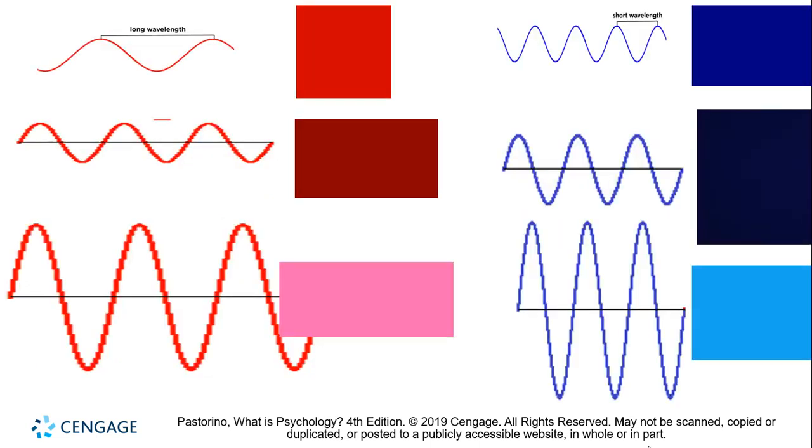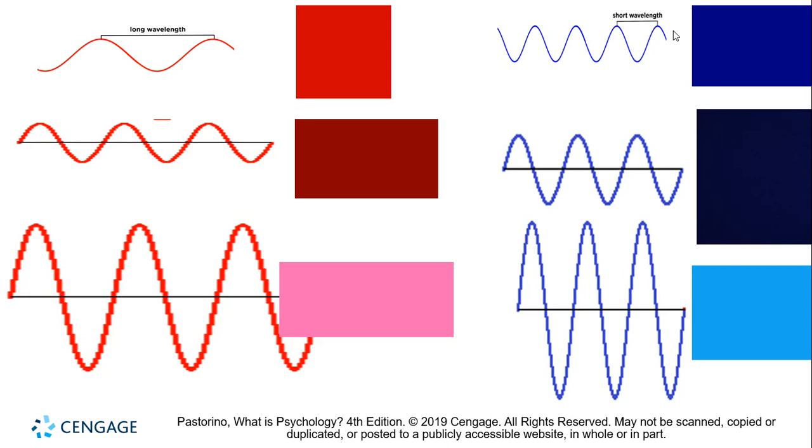Now, I told you that the wavelength determines the hue. A long wavelength, like the one over here, will create reds, whereas short wavelengths are going to be seen as blue. Now, the amplitude, that is how tall that wave is, is going to determine how bright or dim it is.